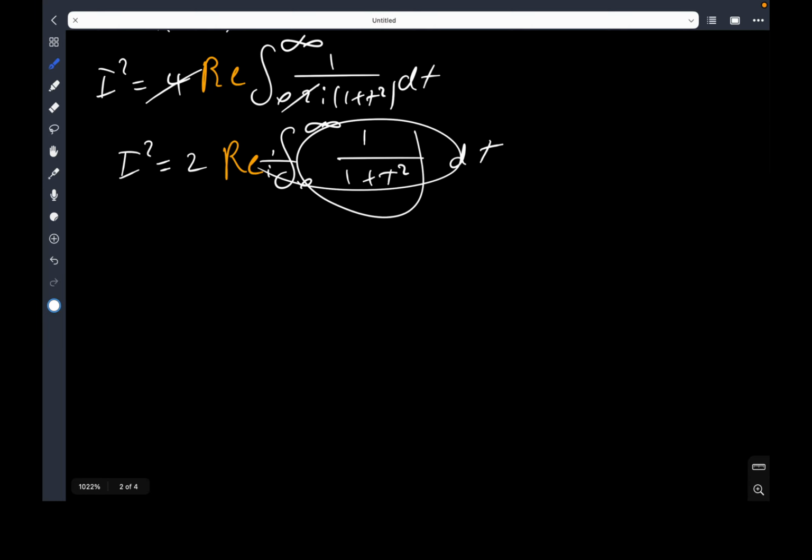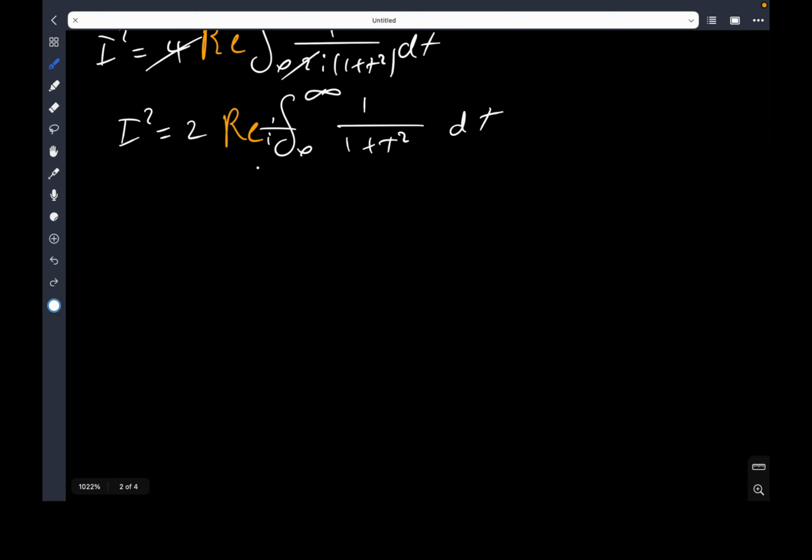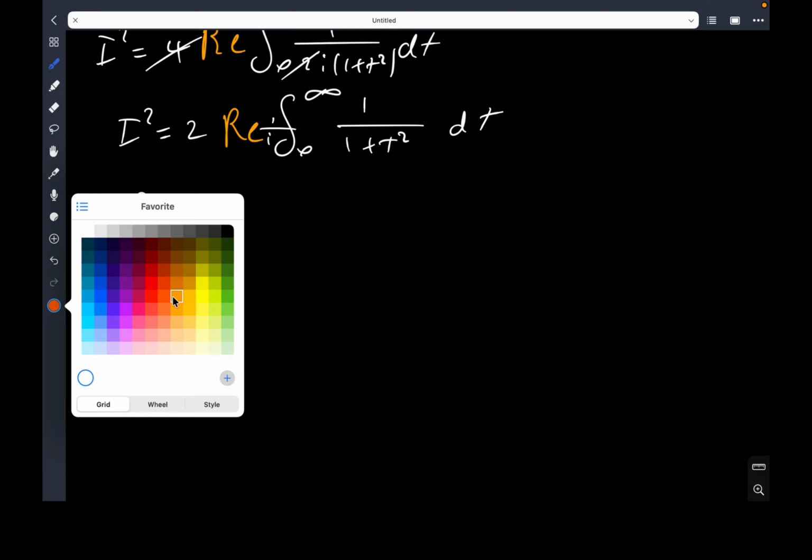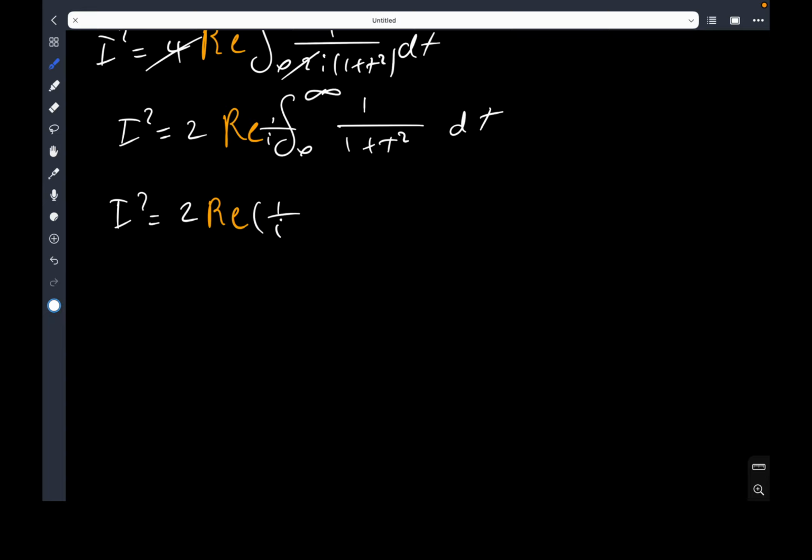Now this here is the derivative of arctan of x. Thus my antiderivative would be arctan of t from 0 to infinity.